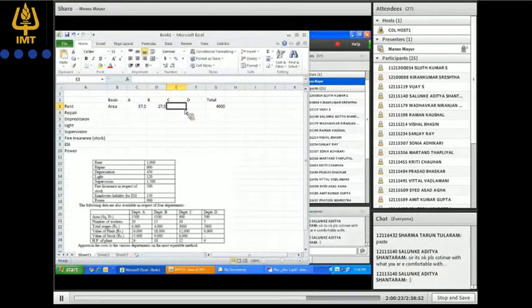For C it is 900 divided by total area in percentage. For D it's 500. So this is the percentage of area occupied by these 4 departments.